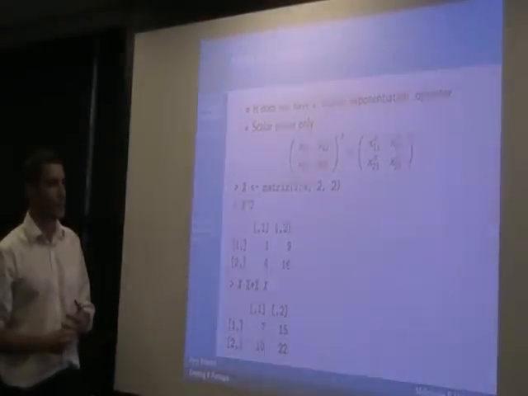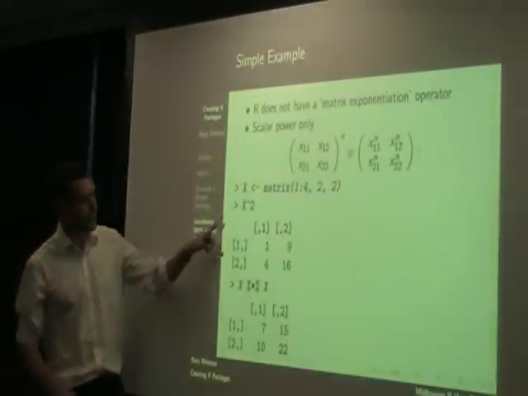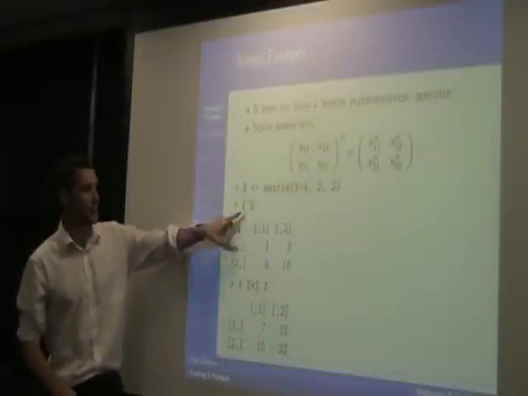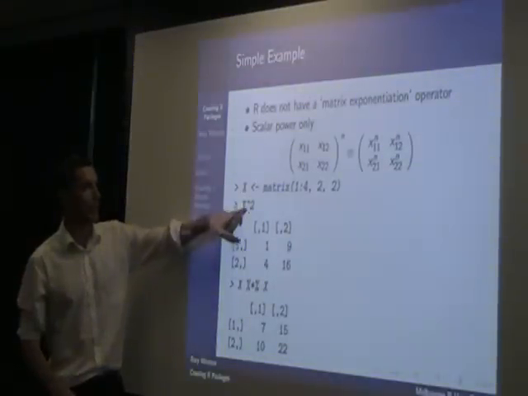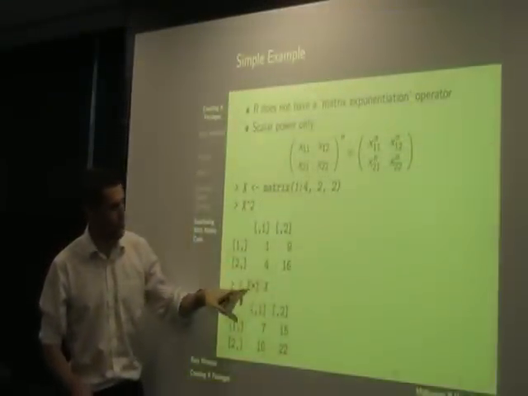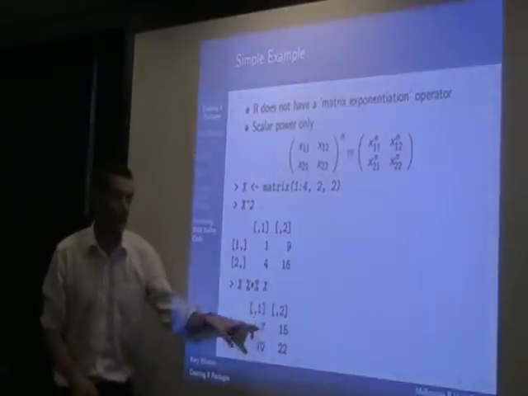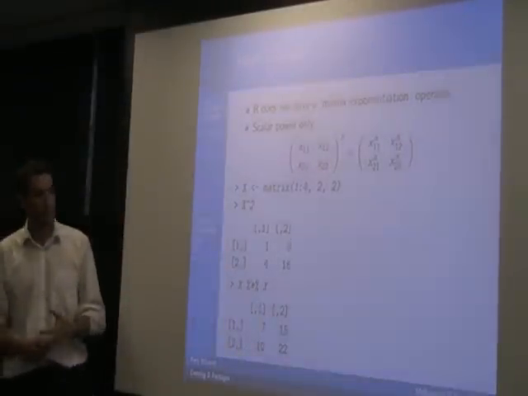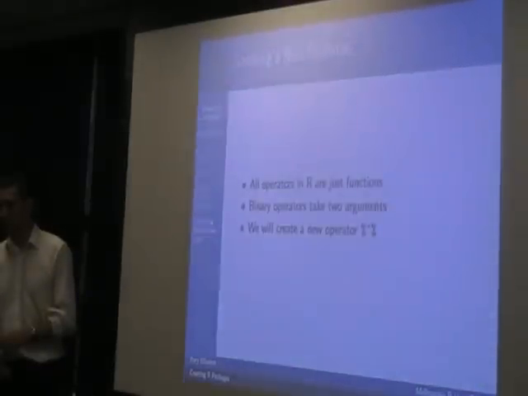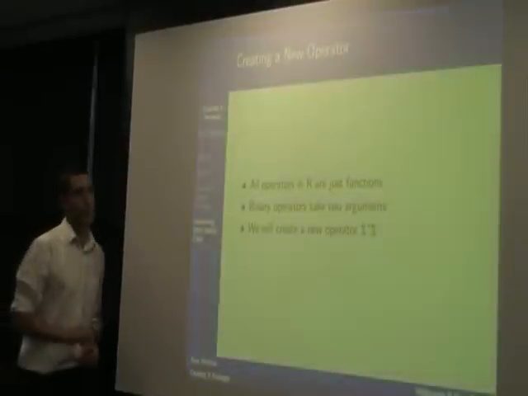So that's fine. But I thought, wouldn't it be nice if we were able to add some kind of operator so that when we said x squared, where x is a matrix, we got x multiplied by itself, i.e. a proper matrix multiplication. And that's quite easy to do.